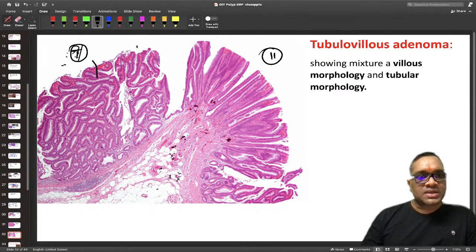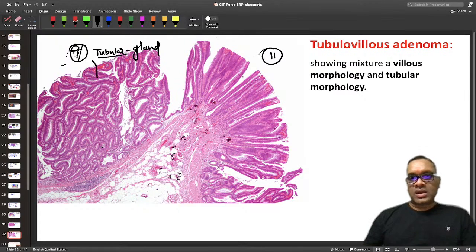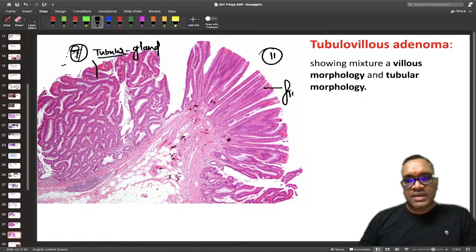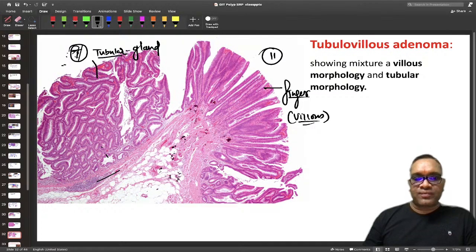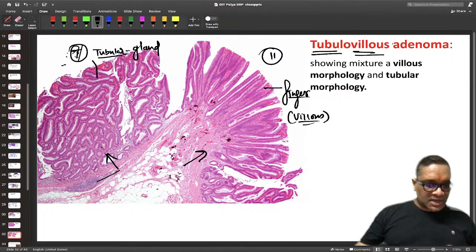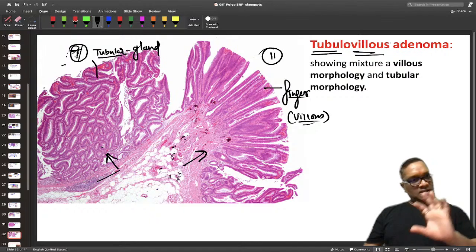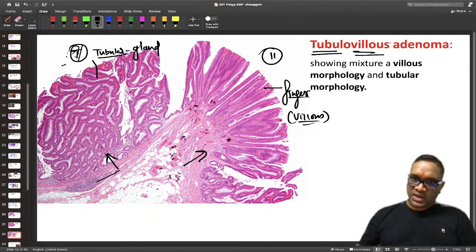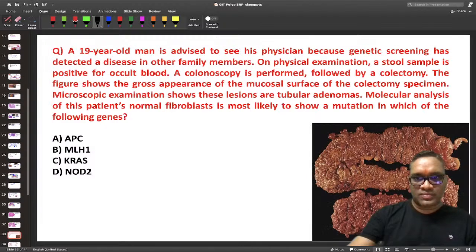In this area you can see there are tubular glands. Can you notice these are like tubular glands, right? Complex branching of the tubular glands. So these are the tubular adenoma, and now you can see these are the finger-like branches. So these are the villi, right? So this is the villus adenoma. So in the same individual, when you find the tubular also, villus also, this will be called tubulovillus adenoma, right? Is it clear? So tubulovillus adenoma, the tubule-like structure and the villus finger-like structure, both are present.